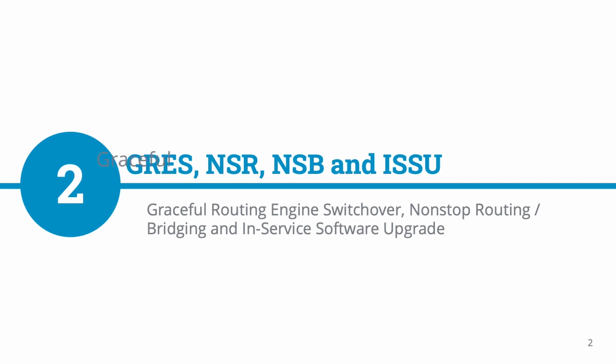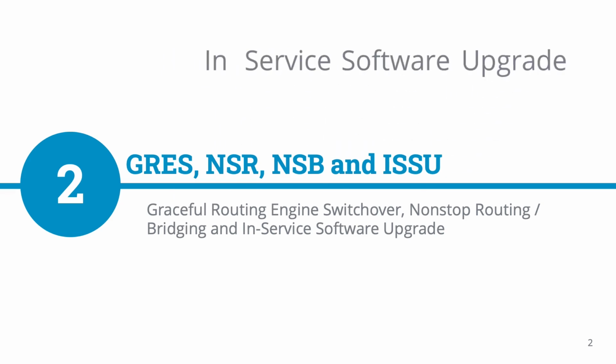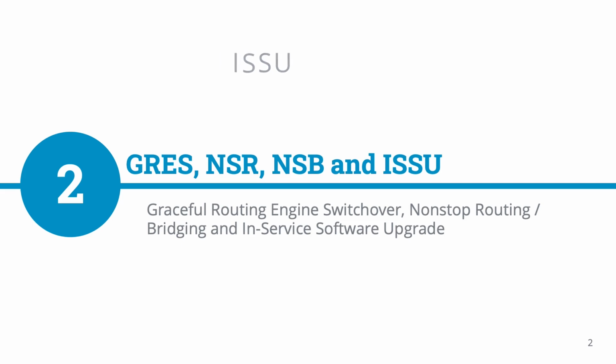These are Graceful Routing Engine Switchover, or GRES, Non-Stop Active Routing, or NSR, Non-Stop Bridging, or NSB, and In-Service Software Upgrade, or ISSU. Each of these features are designed to limit the impact of failures to the flow of production traffic, therefore enhancing your network availability.